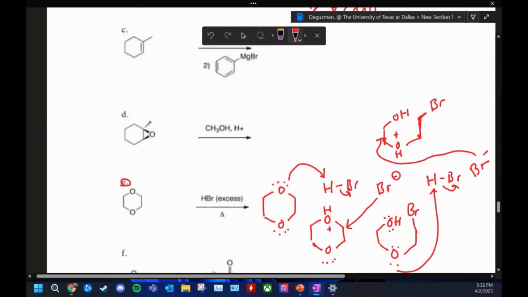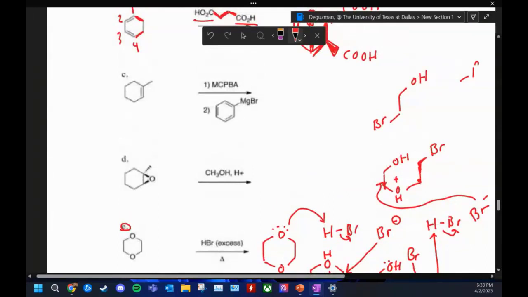Now what we just made is Br, OH and Br, OH. So they're pretty much the same molecule, right? It was just flipped upside down.